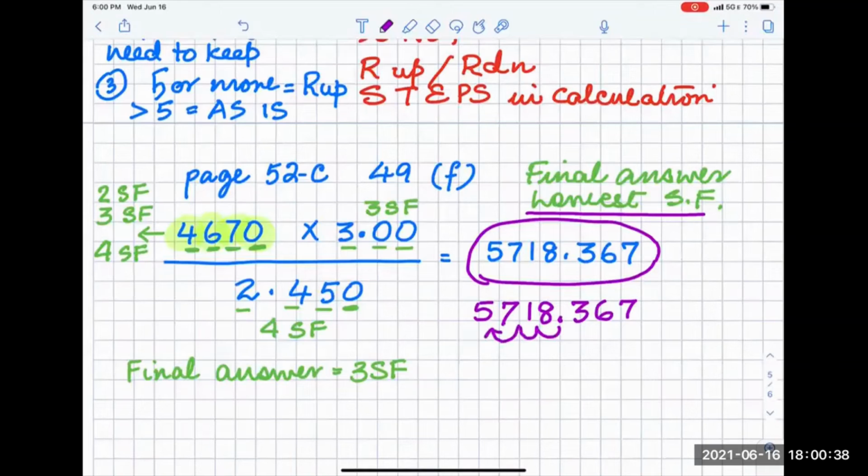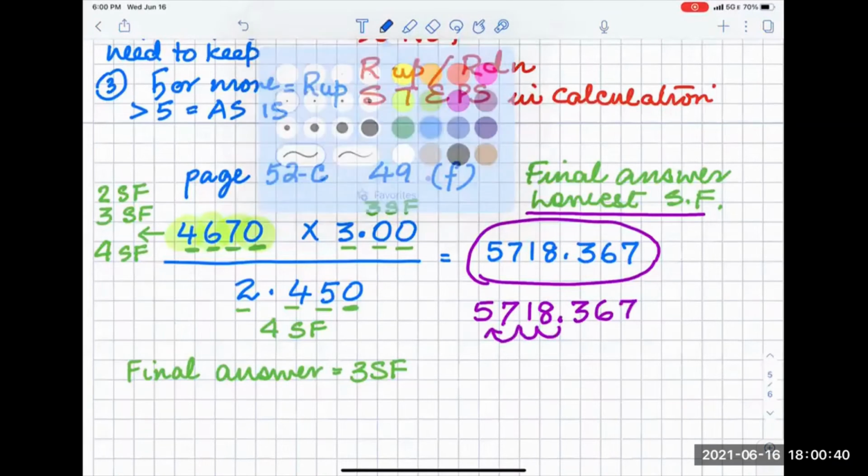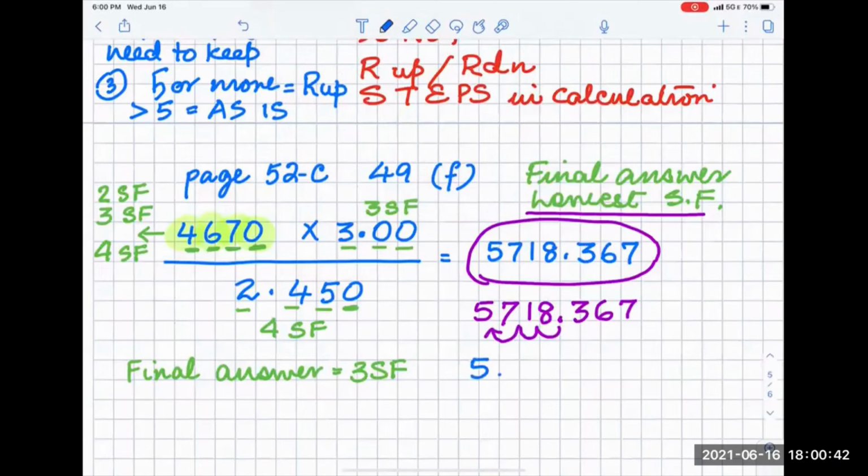So 5.71, and we'll cover this in a minute. How many places did we move? 1, 2, and 3. We moved 3 places, so 10 to the power 3. Should it be positive or negative?